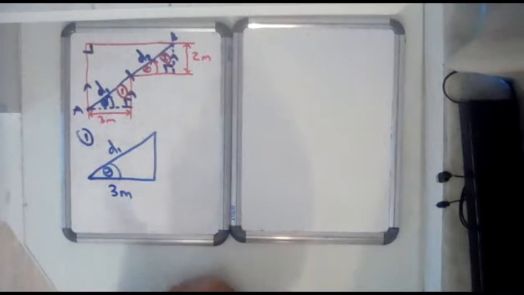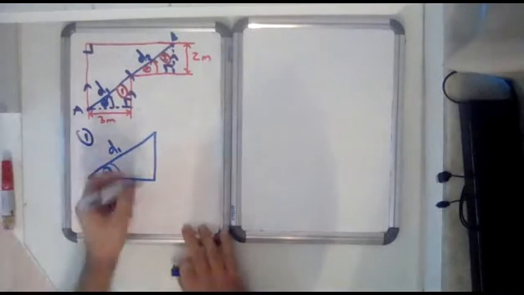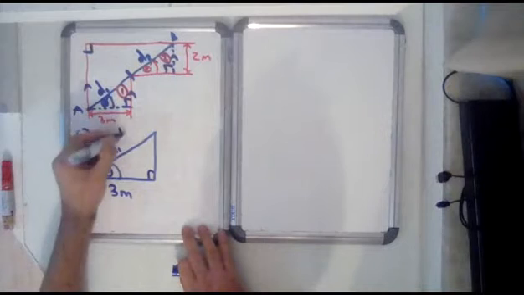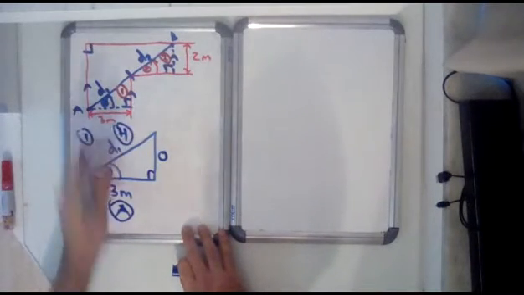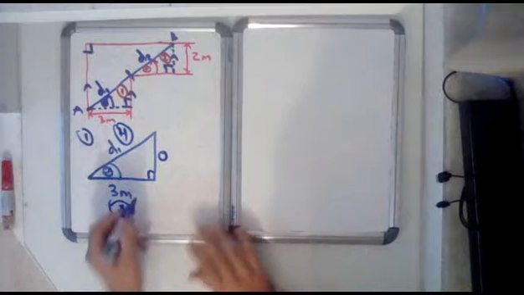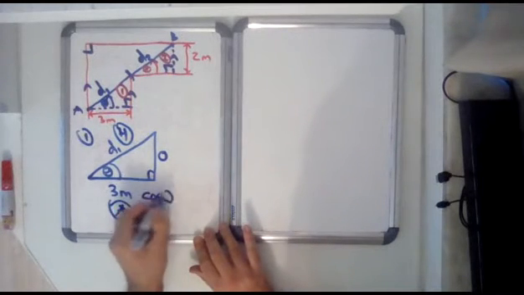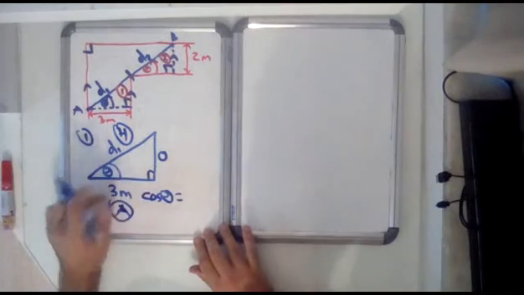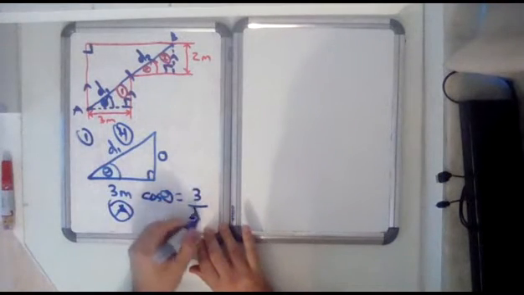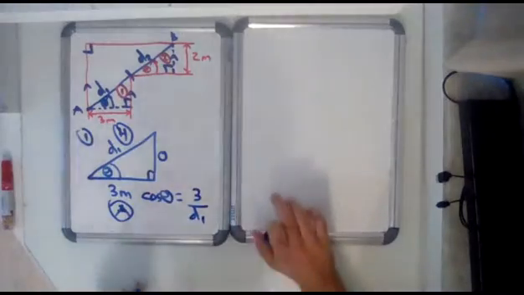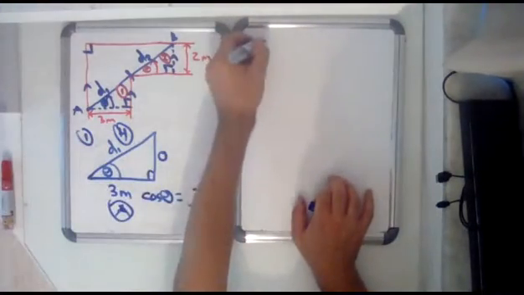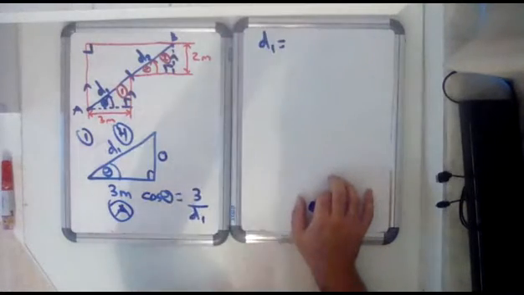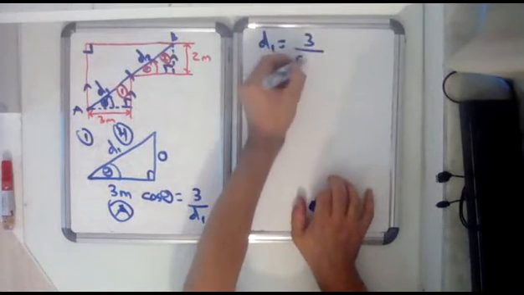So with SOHCAHTOA, that's H, that's O, and that's A. The two involved are A and H, which means cos theta equals 3 over D1. So a simple enough rearrangement says, move the D1 up there and the cos theta down there, so D1 equals 3 over cos theta.